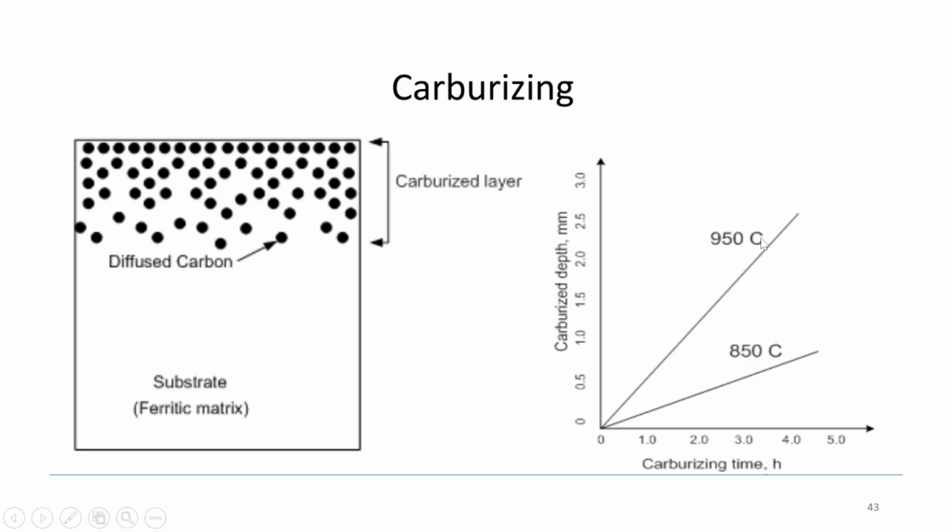Here you can see with different temperatures you get different carburizing depth compared to carburizing time. At higher temperature the depth will be higher compared to lower temperature, because diffusion will become faster.